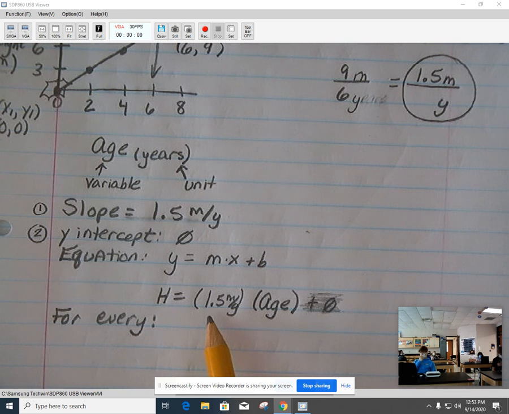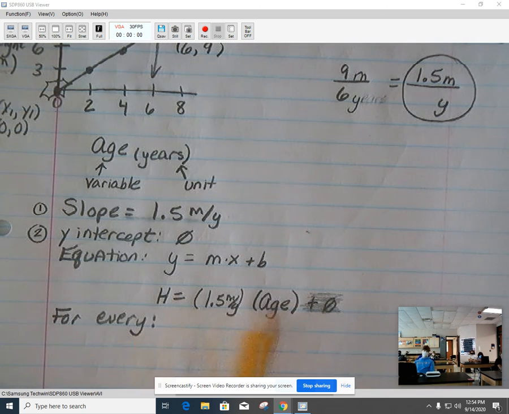Put it in the chat, but don't hit enter until I say. 10, 9, 8, 7, 6, 5, 4, 3, 2, 1. Hit it. Yes. 15, right? It is 15 meters. You guys nailed it. Well done.